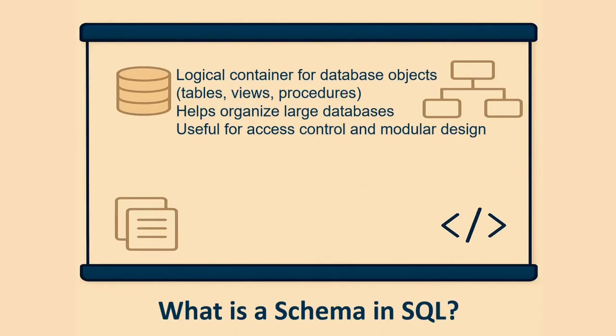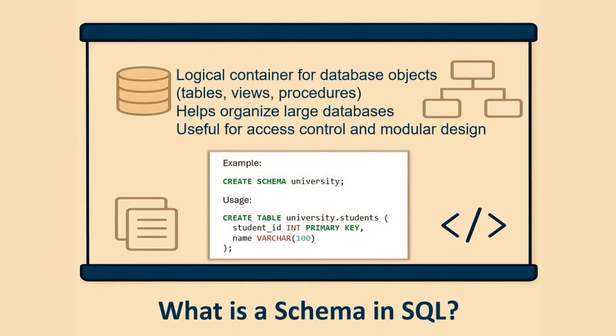And I presented the schema as a room in a building. So the building will be like the database. The rooms will be like schemas, and inside these rooms we can put the tables. So the tables will be like furniture in these rooms. Don't forget this.